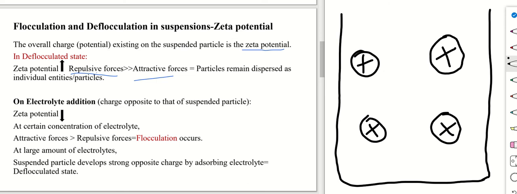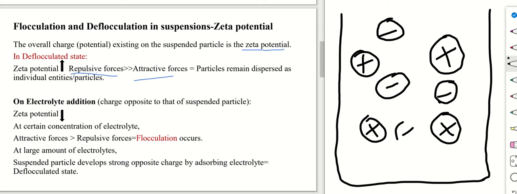Now let's see how we can bring flocculation in such a formulation. To this system having positively charged particles, if we add an electrolyte or any solution having the opposite charge of the drug particle, for instance a negative charge, what would happen to this system?